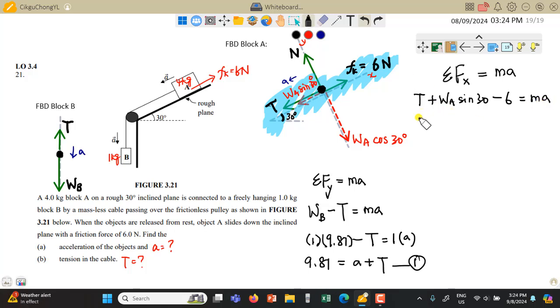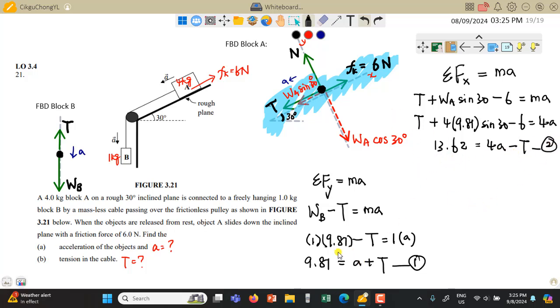So I'm going to have T plus mass is 4 kg, g is 9.81, sin 30, minus 6 equal to 4a. Solve it, I will have 13.62 equal to 4a minus T. T shifted to the right side becomes negative T, so this will be my second equation.